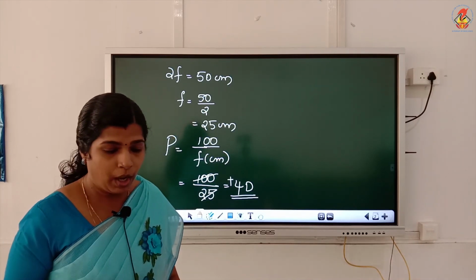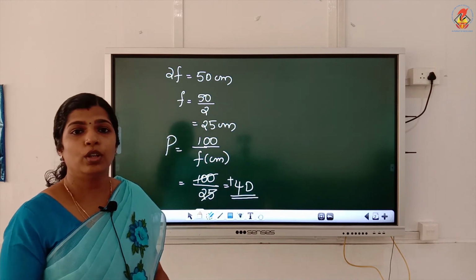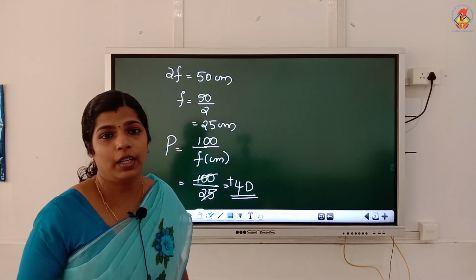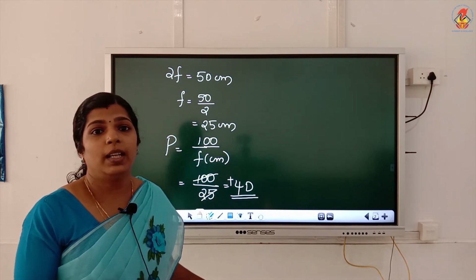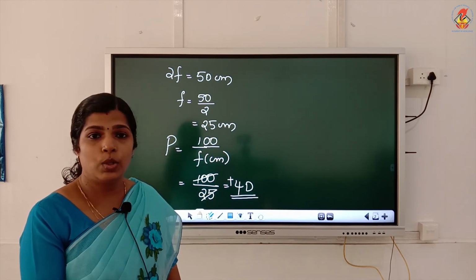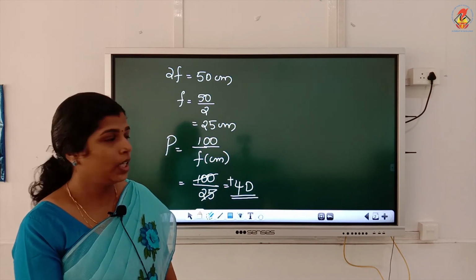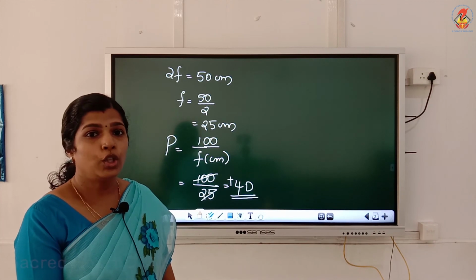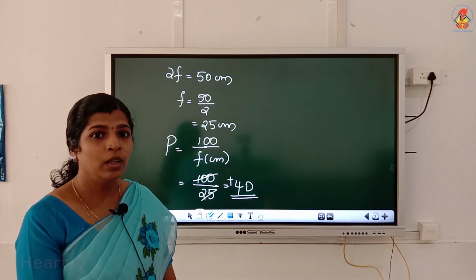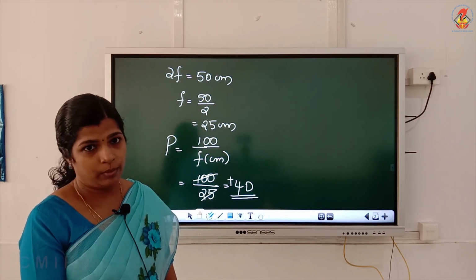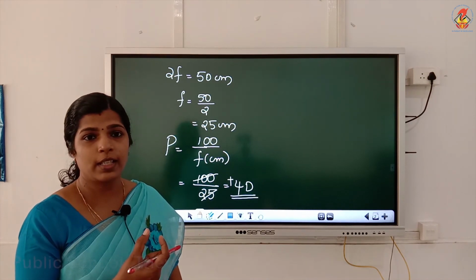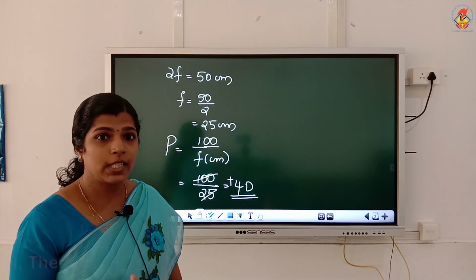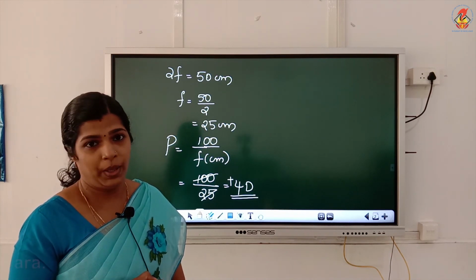Okay. So, power is the reciprocal of its focal length, or the degree of convergence or divergence achieved by the light ray when it passes through a lens. That is known as the power of the lens. So, shorter focal length lenses have more power, longer focal length lenses have less power.